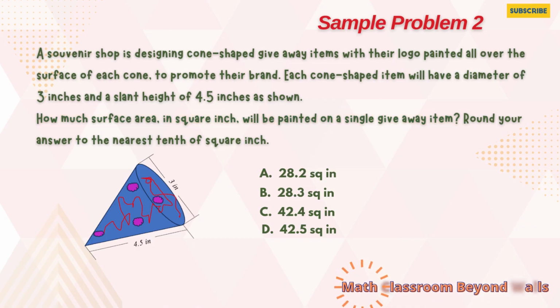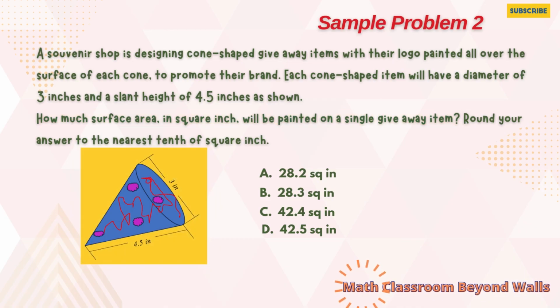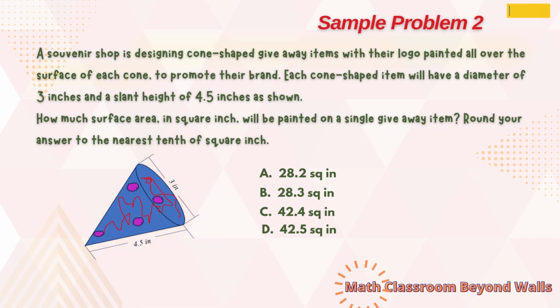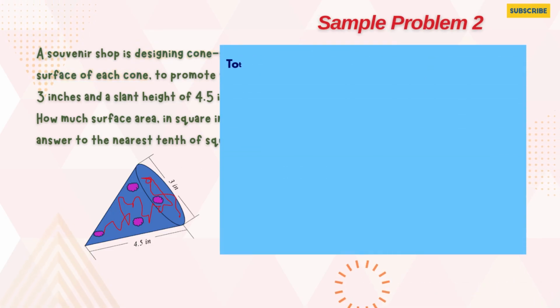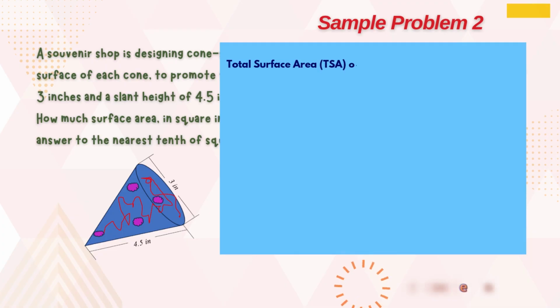What are given? We're given a figure of the cone-shaped giveaway item with dimensions. Note that each giveaway item will be painted with the shop's logo all over its surface. So, getting the surface area to be painted is the same as finding the total surface area of the cone-shaped item. Can you follow, learners?